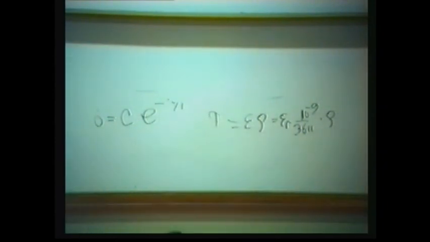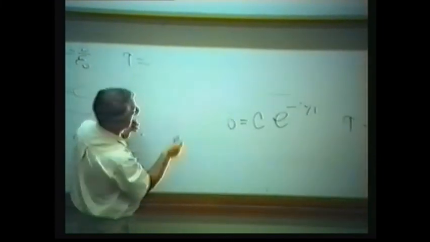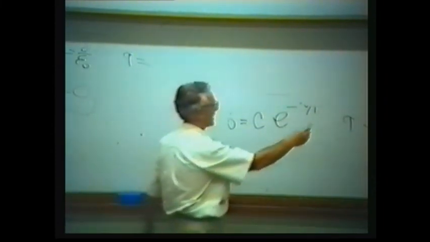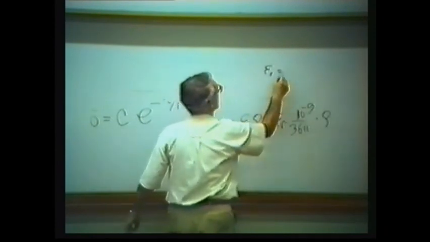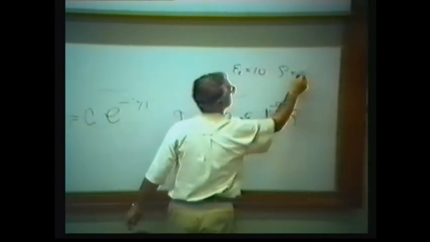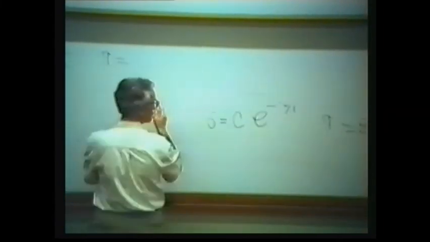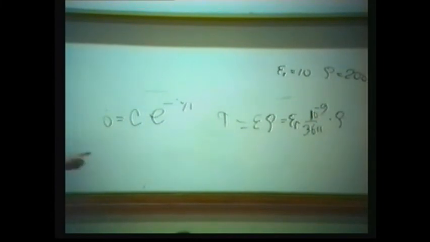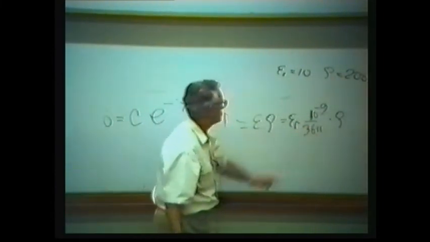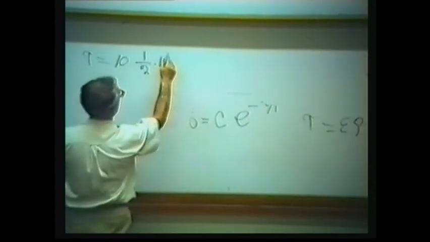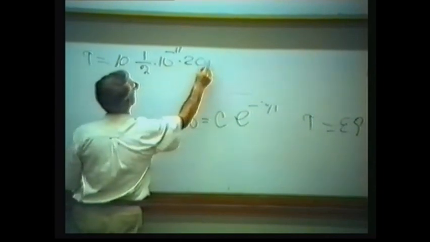So the time constant is equal to, let us take clay or sand, epsilon r equal 10 units. And let us take resistivity 20 ohm-meters. So what do we have? A very small number: 1 divided by 2 times 10 to the minus 11, times 20.